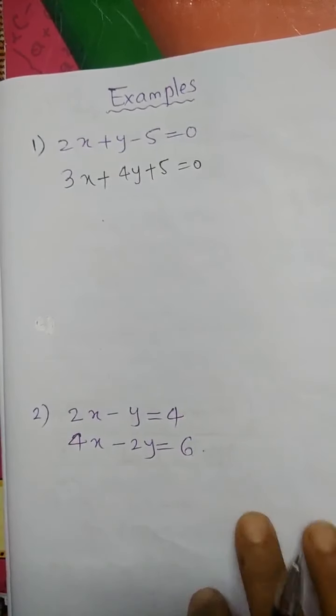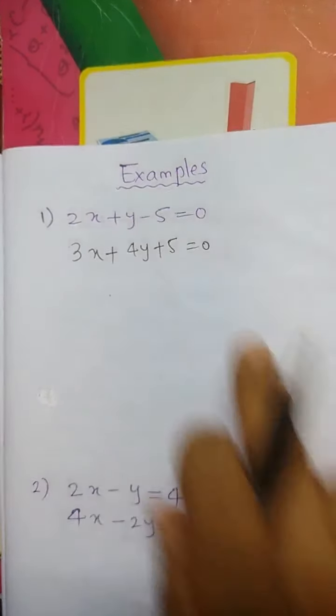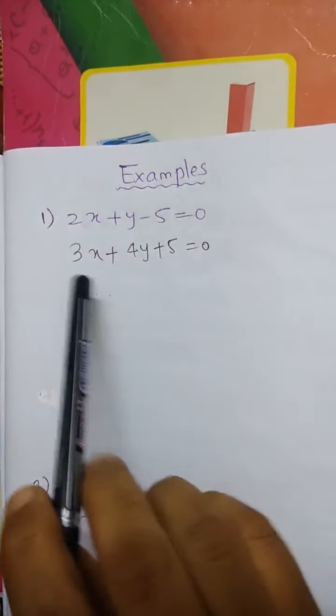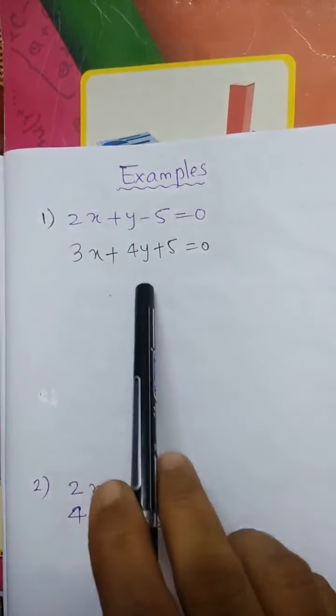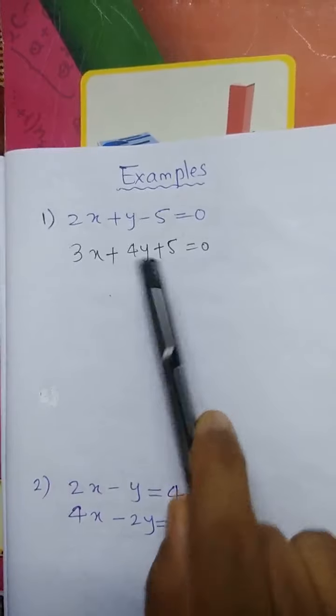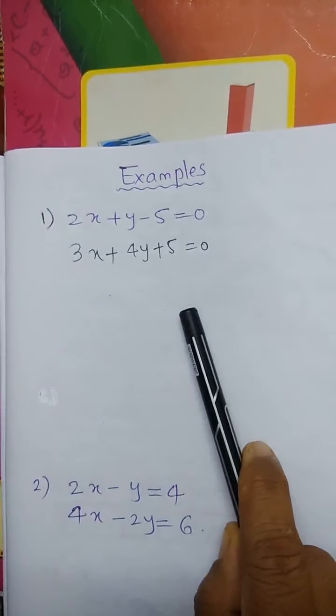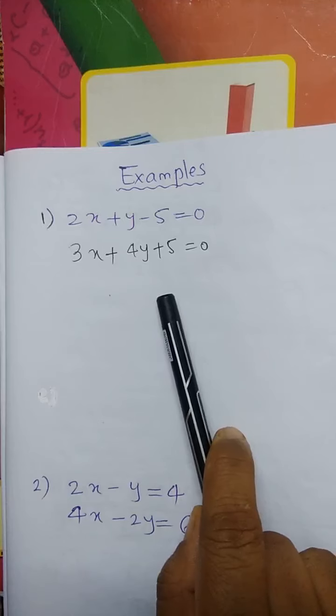Let us solve examples based on this type of problem. Here a pair of linear equations in two variables is given. We have to check whether these are intersecting lines, parallel lines or coincident lines. So what is the condition?